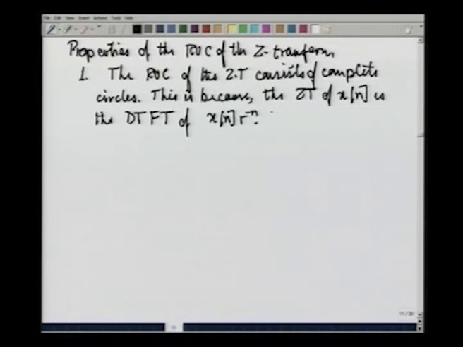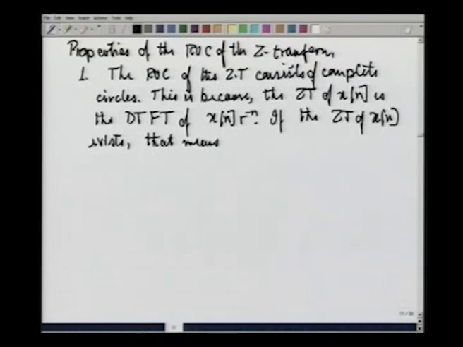So, if the ZT of x[n] exists, it means that x[n] r to the minus n is absolutely summable. Right.